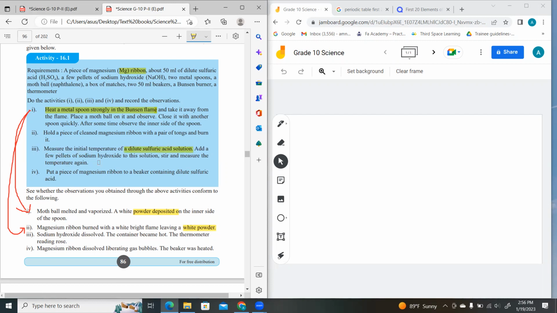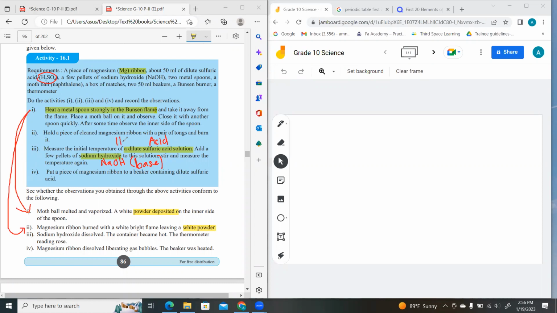Add a few pellets of sodium hydroxide to this solution. So when you put an acid with a base, you can see this is an acid. Sulfuric acid is commonly used in the lab. That is H2SO4, right? And sodium hydroxide is the base.